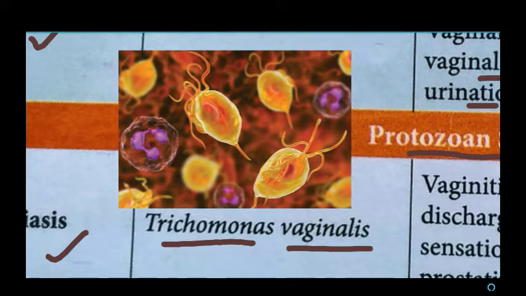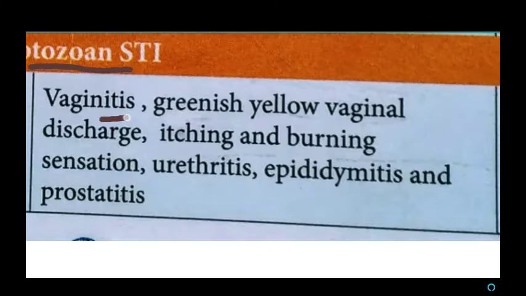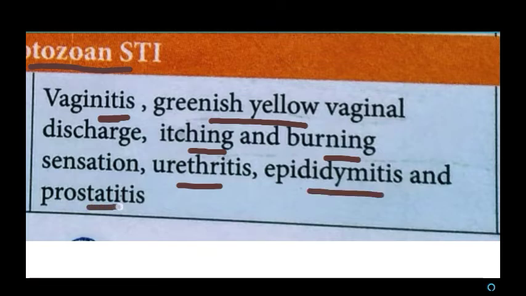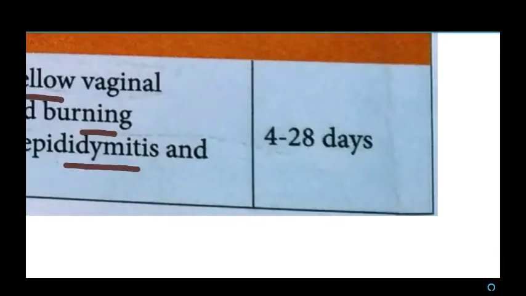The symptoms for this protozoan infection are vaginitis, that is inflammation in the vaginal region, then greenish yellow vaginal discharge, itching and burning sensation, urethritis, epididymitis and prostatitis. So these are the symptoms of this protozoan infection. And the incubation period for this protozoan is 4 to 28 days.